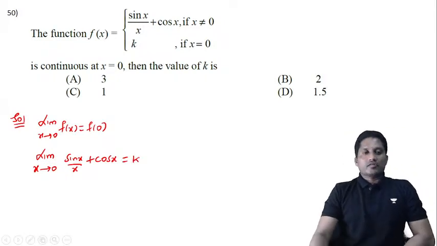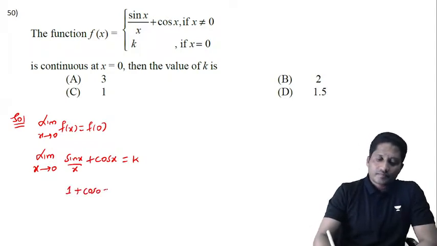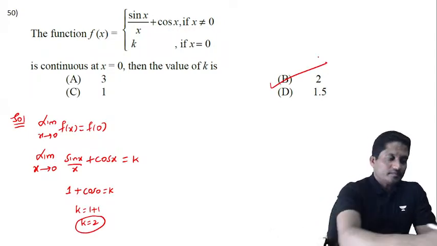Now if x is tending to 0, sin theta by theta is 1. That is Sandwich theorem. Plus this fellow cos 0 is equal to k. So k is equal to 1 plus cos 0, which is 1. K is equal to 2. Right, answer is option B.